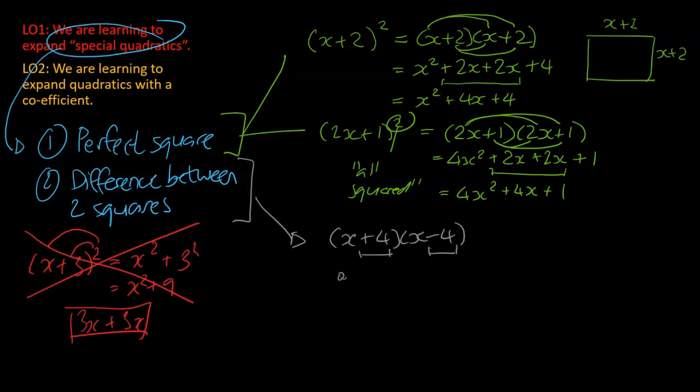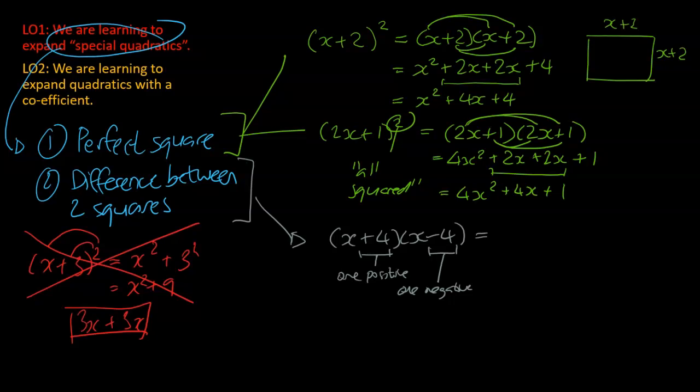You're always going to have one positive version, and then you're going to have one negative version as well. So another example could be (x + 3)(x - 3), or it could be (3x + 5)(3x - 5). As long as the number portions are opposites, you're going to have a difference between two squares.